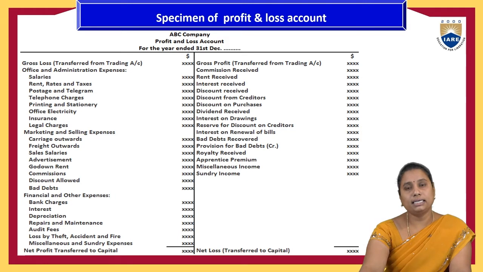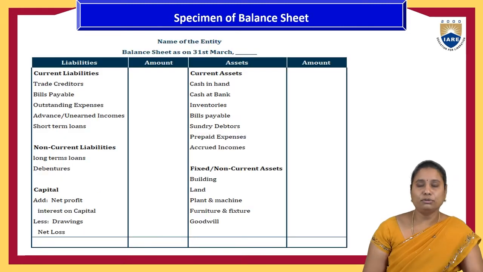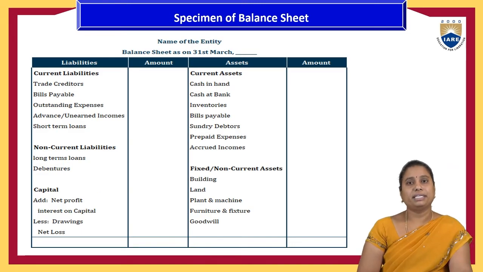Any indirect incomes like discount received, dividend received, interest received, commission received, etc. are calculated on the credit side of this profit and loss account. From this we can identify the net loss and net profit amounts, to be posted in the balance sheet of the company.